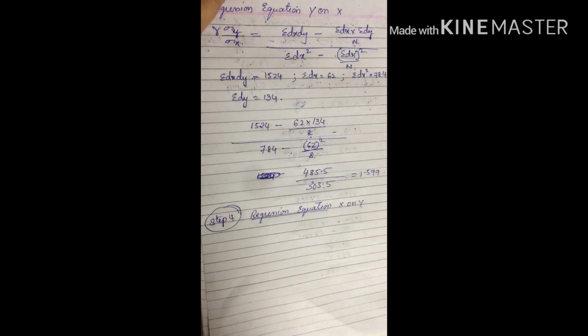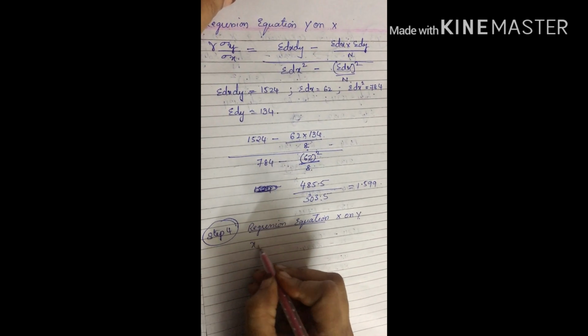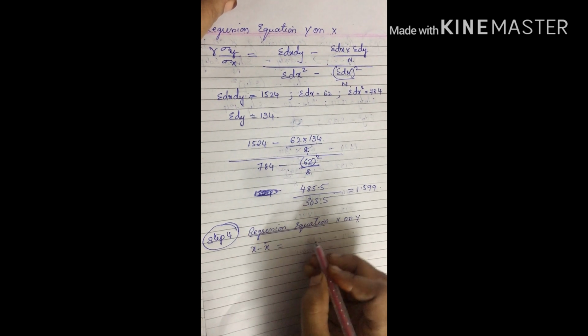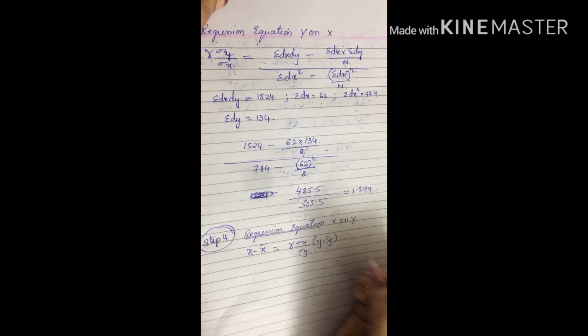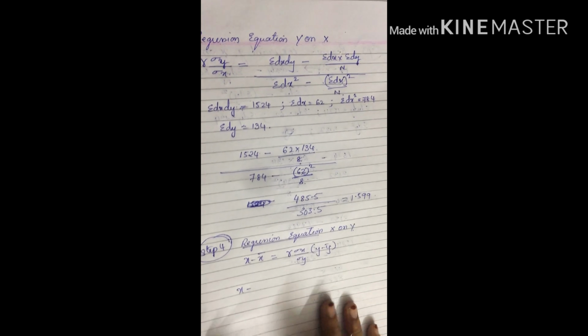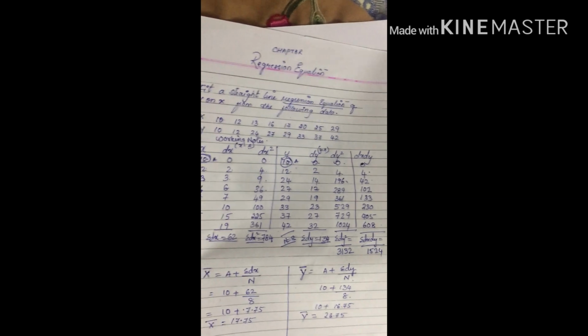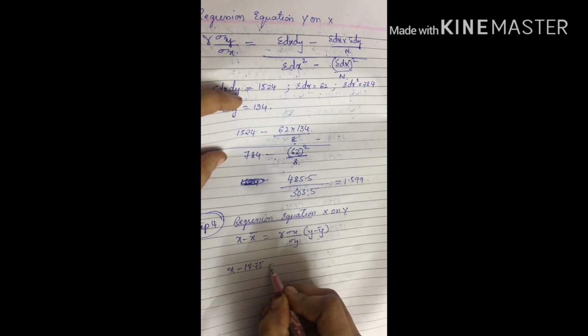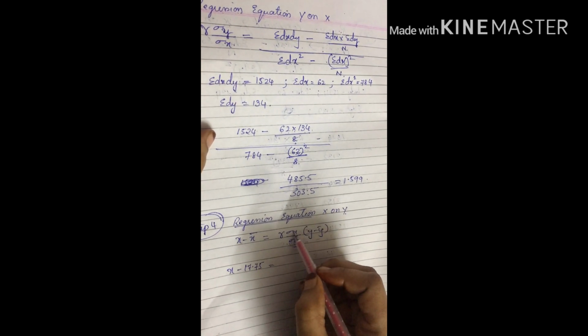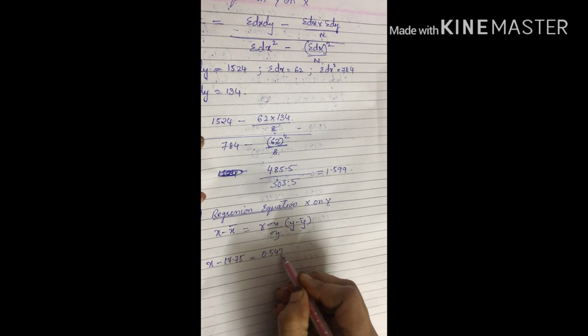The regression equation x on y, for this we have the formula x minus x bar equals regression coefficient times y minus y bar. x bar from step 1 is 17.75, equals the regression coefficient x on y, which is 0.547, times y minus y bar. y bar is how much? 26.75.